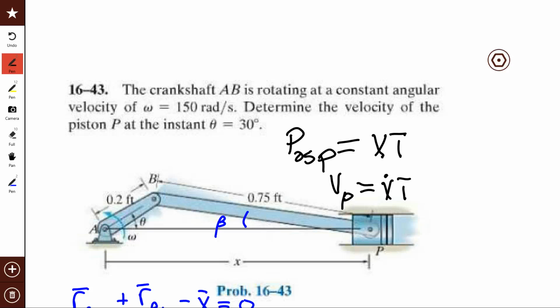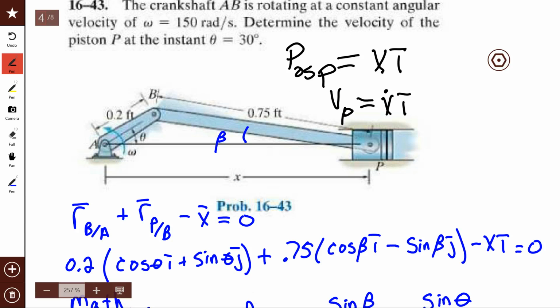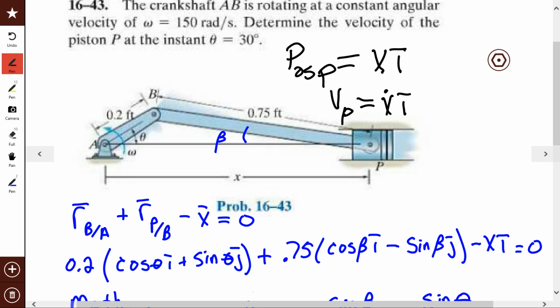Wait, can you repeat that last thing you said? Tell you what, I will show it to you. See it right here? Well, where did it go? This piece right here. What is that?